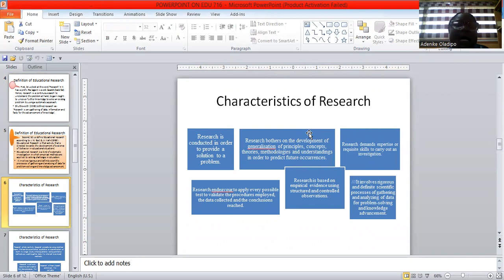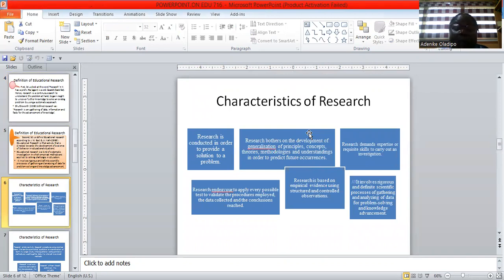Research demands expertise or requires skills to carry out an investigation. For you to carry out a research successfully, you must have acquired certain expertise and requisite skills to carry out an investigation.